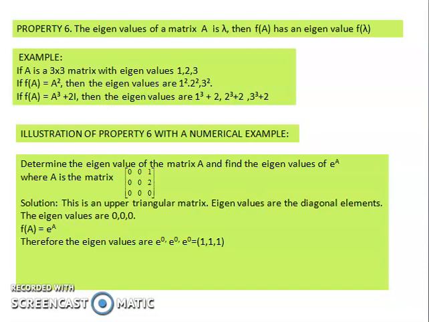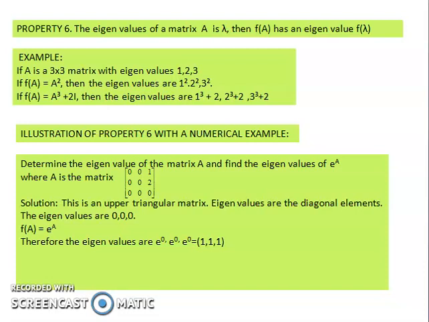In this example, f of A is given by e power A and the value of A is given as the matrix 0, 0, 1, 0, 0, 2, 0, 0, 0. This is an upper triangular matrix, so the diagonal elements are 0, 0, 0.